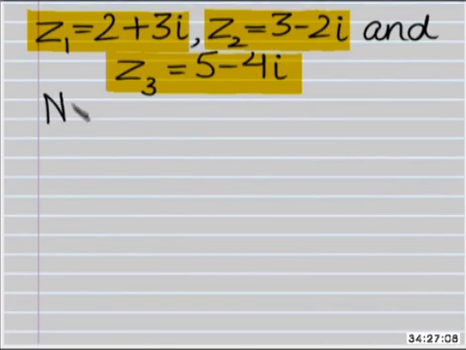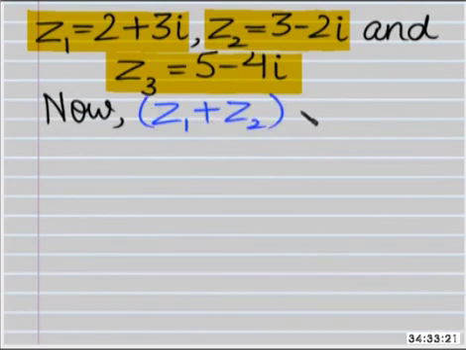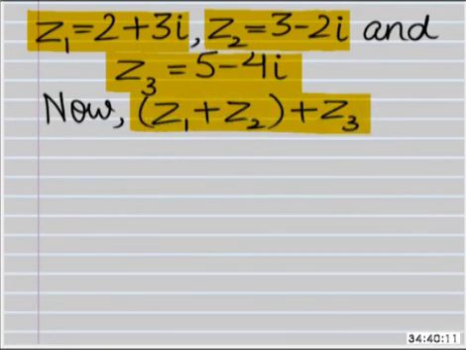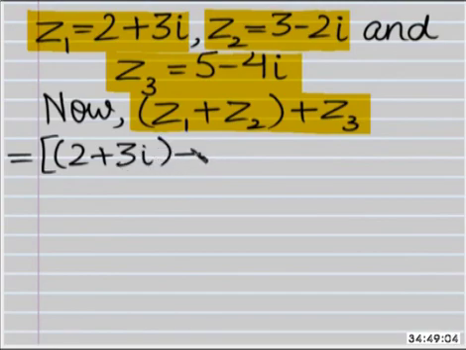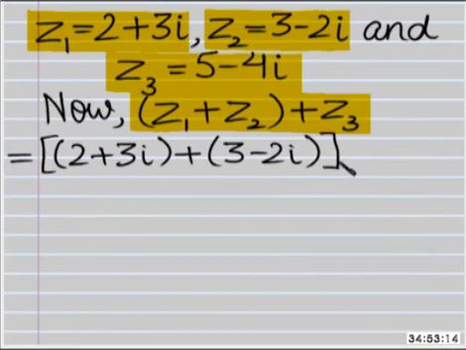Now Z1 plus Z2 whole added to Z3 is equal to 2 plus 3 into iota plus 3 minus 2 into iota whole added to 5 minus 4 into iota.